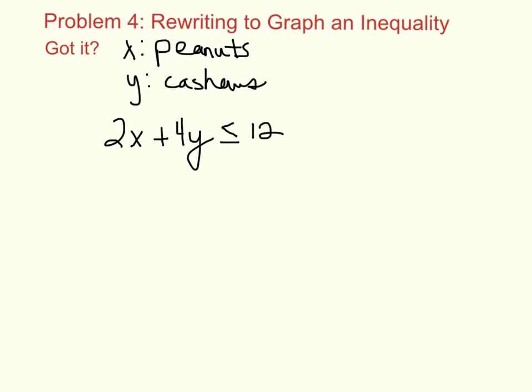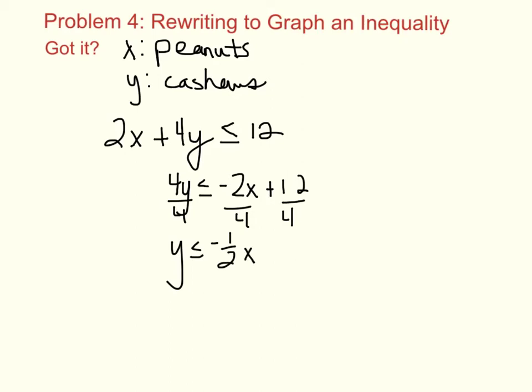Now you can graph this using intercepts. That's completely okay. But I'm going to solve this for y. So I'm going to move the x to the other side, negative 2x plus 12, and then I'm going to divide everything by 4. So that would be negative 1/2 x plus 3.